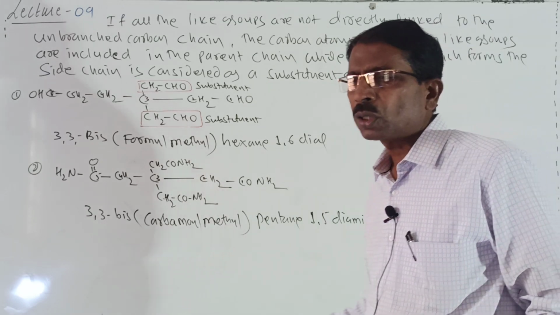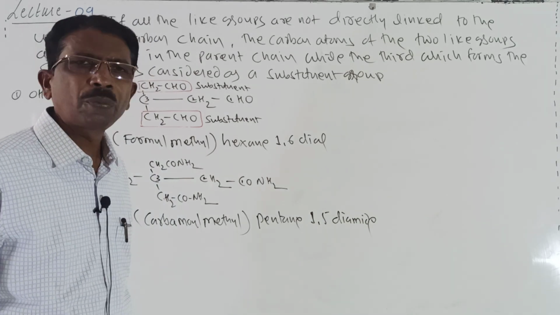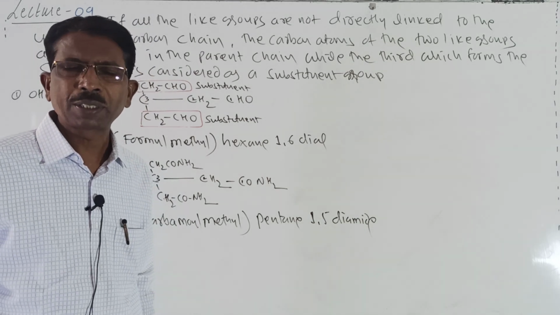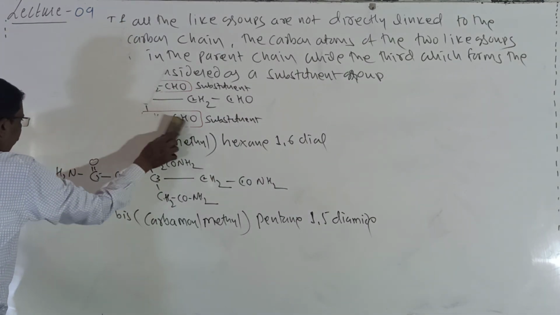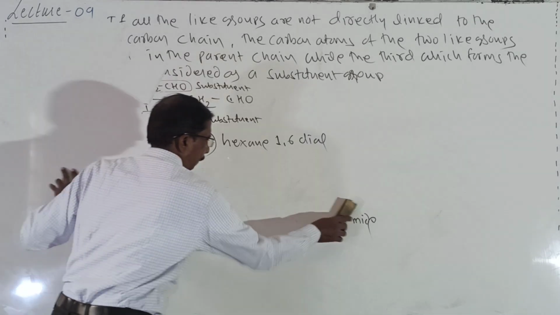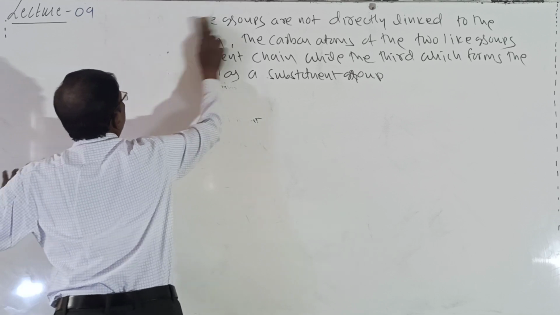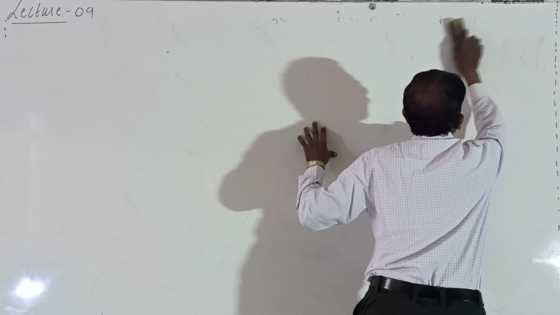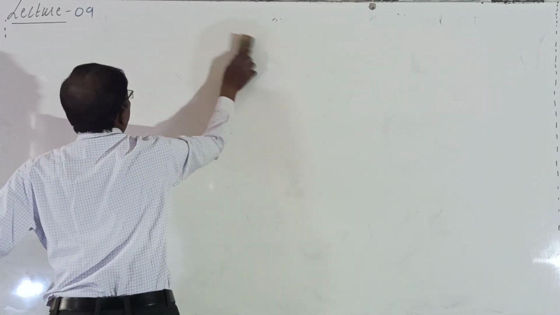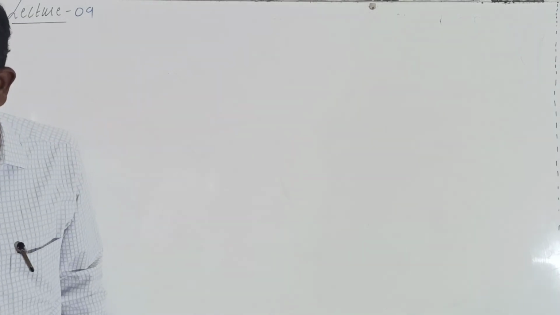So students, almost all types of naming I have completed. Now let us see few CET questions and NEET questions. So here, look here students, few CET and NEET questions.